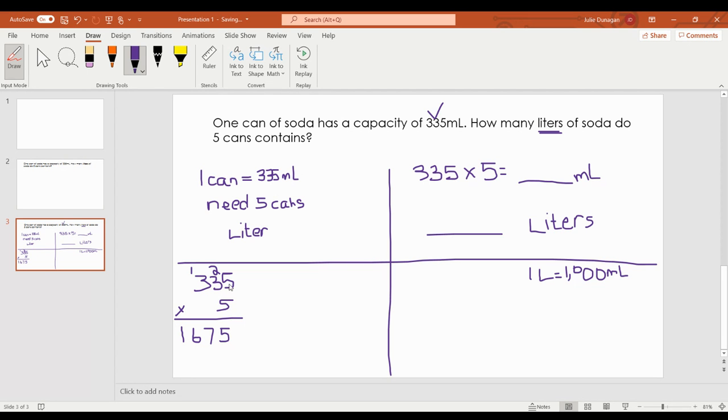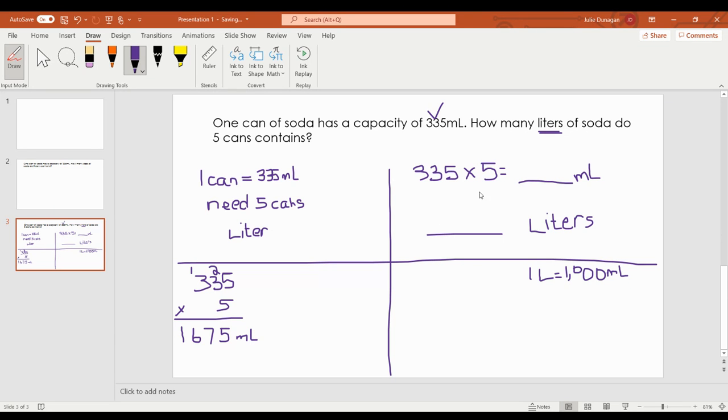So 335 times 5 equals 1,675. And we have 1,675 what? Oh, milliliters. So let's write it again so we don't forget.